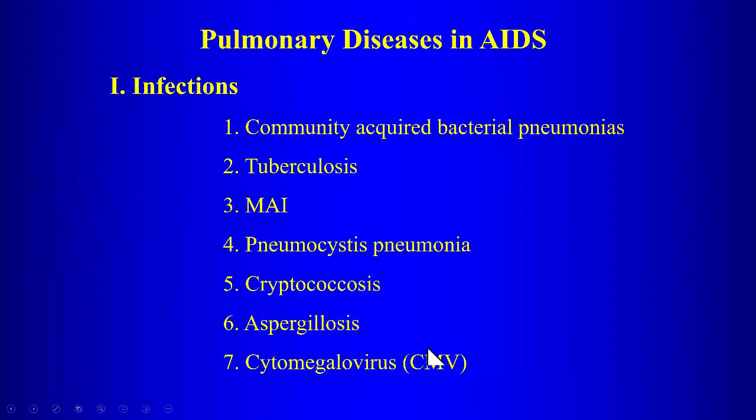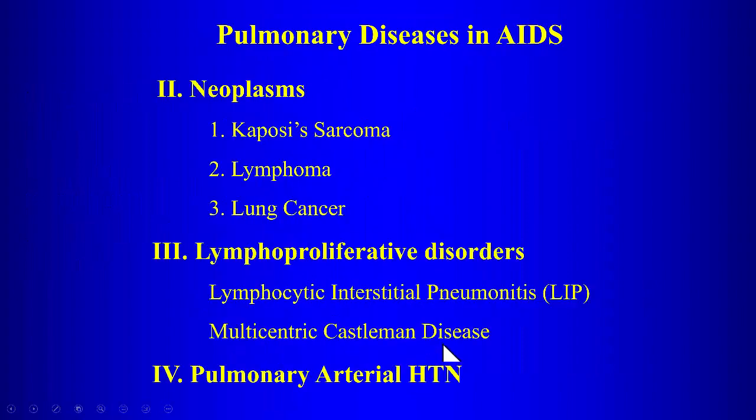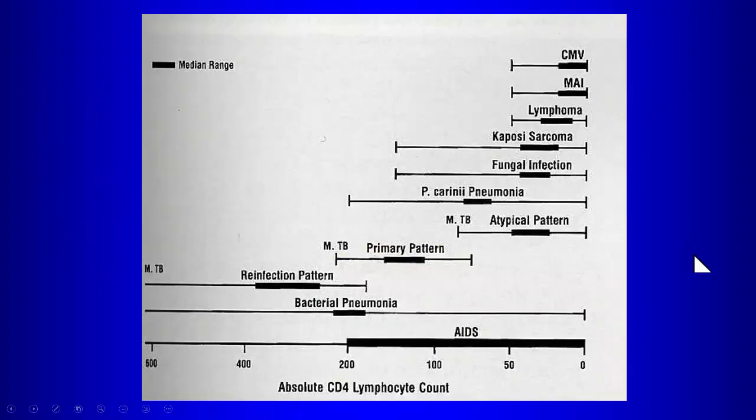So here we'll discuss some pulmonary diseases that we can see in patients with AIDS and HIV. One of the most important things when you're approaching the differential diagnosis is knowing what the CD4 count is, because that does affect what you would be considering. When the CD4 count gets below 200, then we think of AIDS. Bacterial pneumonias, we can see above that cutoff of 200. With tuberculosis, we talk about the apical fibrotic disease; we tend to see that above 200.